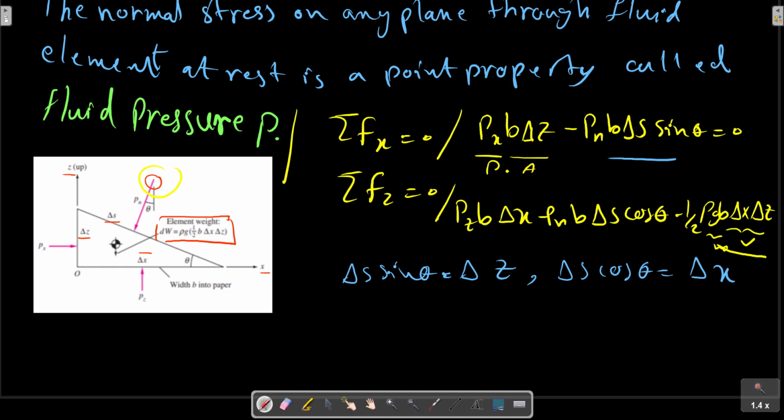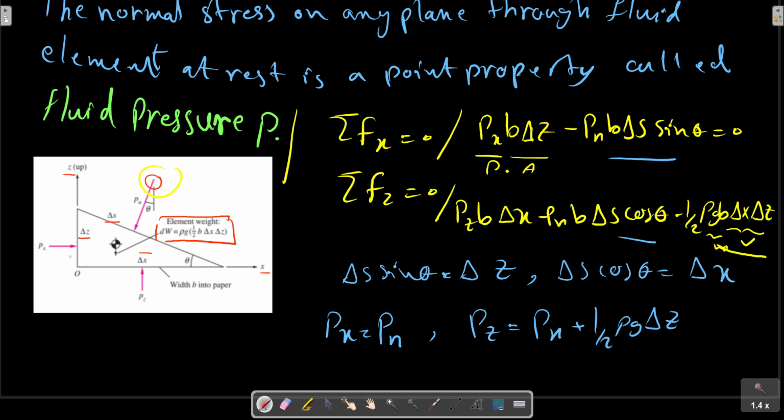With replacement we can obtain px equals pn, and also pz equals pn plus the weight effect on the fluid element.